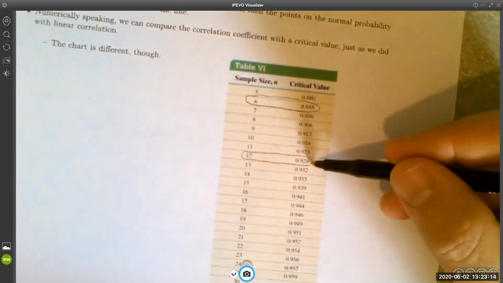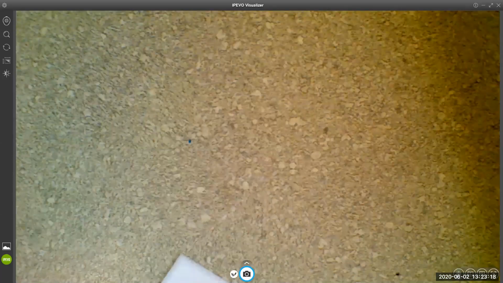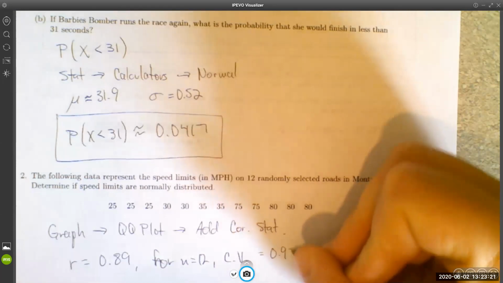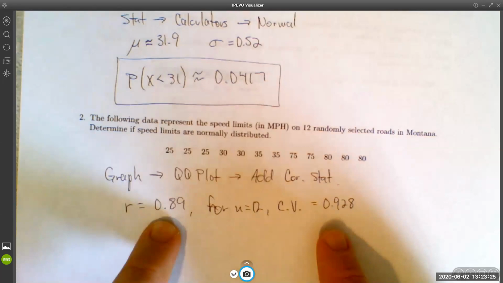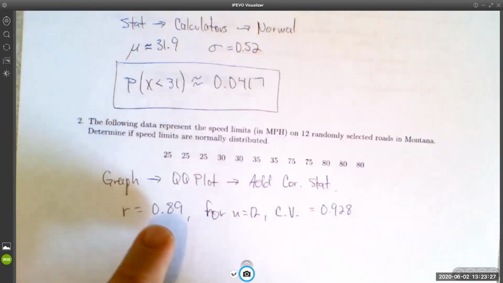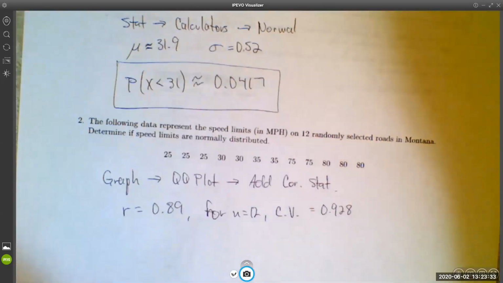So that's the number we have to beat. We have to be better than 0.928. Okay. And this correlation statistic isn't quite going to do it, right? It's not quite big enough for us to say that the variable is normally distributed.